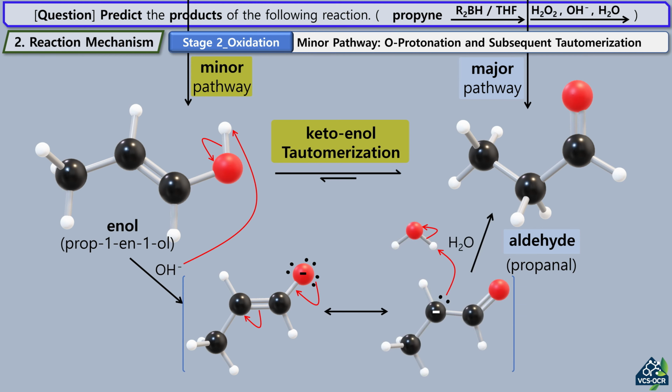Even under basic conditions, rapid proton transfers promote tautomerization, driving the equilibrium strongly toward aldehyde. Thus, regardless of whether protonation occurs at carbon or oxygen, the reaction mixture ultimately converges to the thermodynamically favored aldehyde.